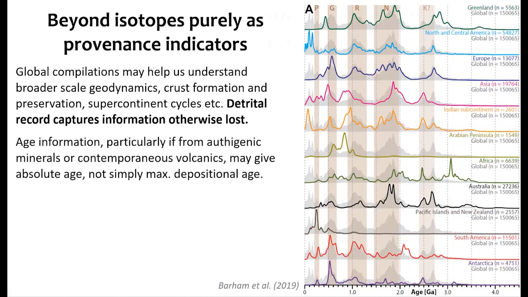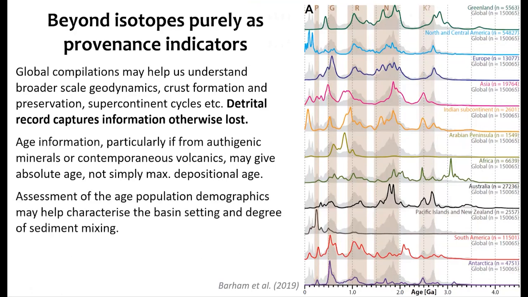Like I said before, if we can recognize orthogenic minerals or contemporaneous volcanics, maybe we can get absolute ages. And I'm going to touch on two different new techniques we've developed recently in terms of looking at the age population demographics. What I mean by that is, where are the ages distributed and how are they distributed, to understand something about maybe the basin setting.